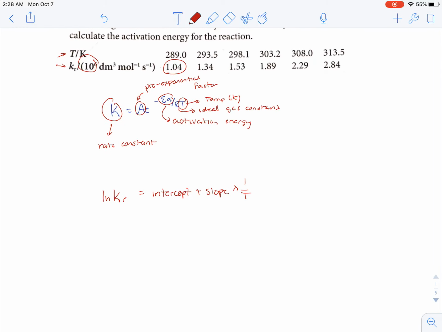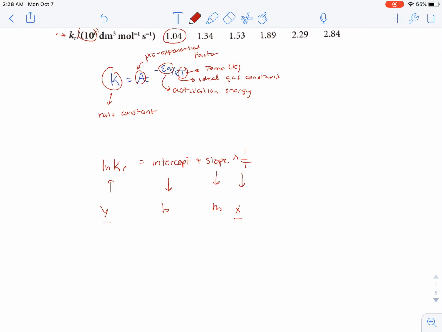And so here we can see this will be our y, this is our b, this is our m, and this is our x. So just like your typical y equals mx plus b plot.